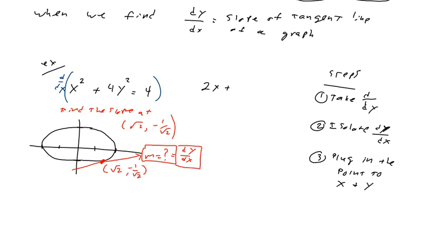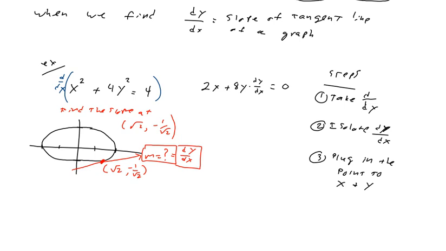I do my chain rule, my power rule. Take the 2 times the 4, make it 8y. And every time I do a derivative of something with a y, I end with dy dx. Derivative of 4 is 0. Okay, 2x plus 8y dy dx. All right, so easy enough.